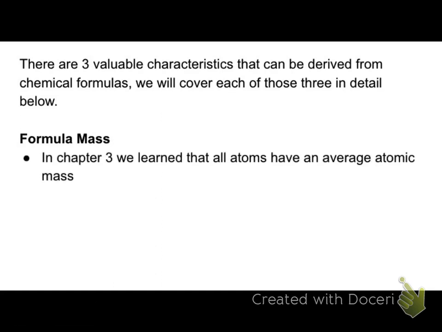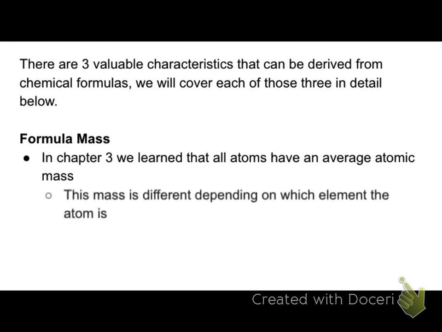You'll recall all the way back in chapter 3 that we learned that all atoms have an average atomic mass. And we give them that average atomic mass in a unit called U, or unified atomic units, and they are on the periodic table for us. Okay? This mass is different, obviously, depending on which element you are talking about.